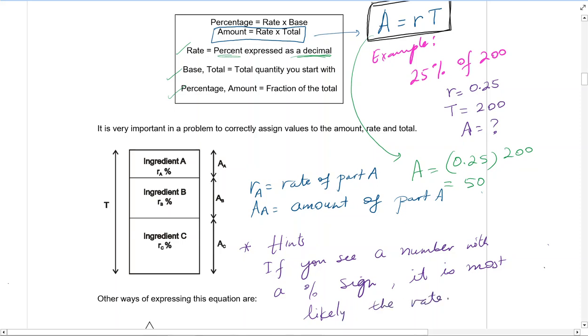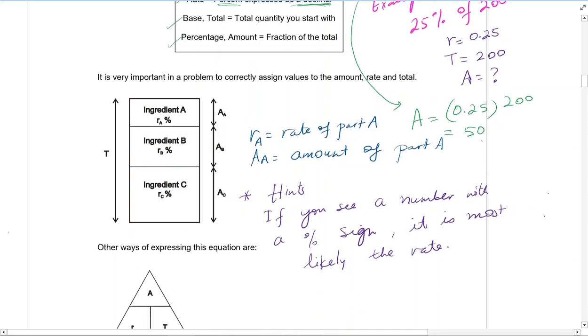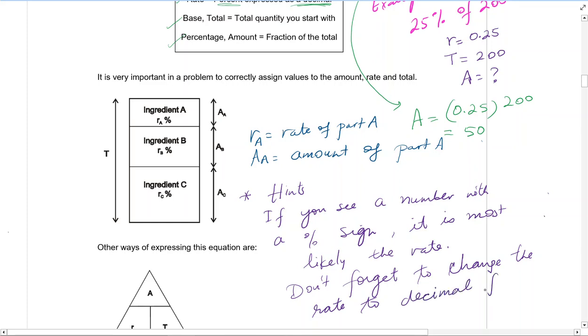And don't forget to change your rate to decimal for the calculations while using the formula. So don't forget to change the rate to decimal form for the calculations.